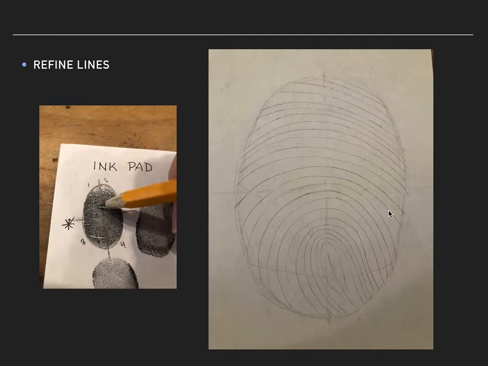So please draw very lightly. Do not put a lot of pressure on your pencil, because then it's going to be harder to erase those lines. This would be my refined sketch of my thumbprint, which, actually, is a really boring thumbprint, but that's okay.